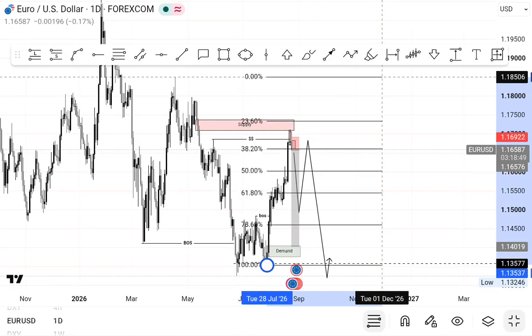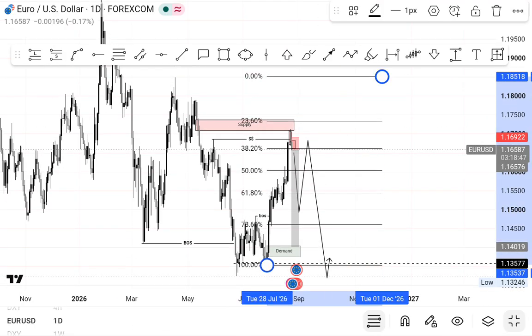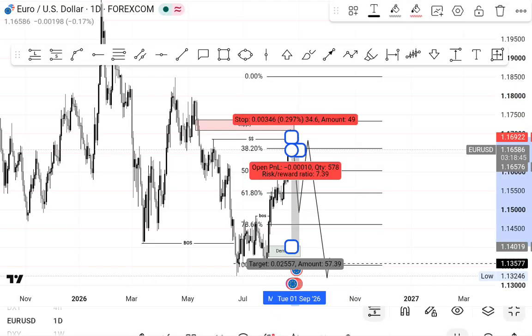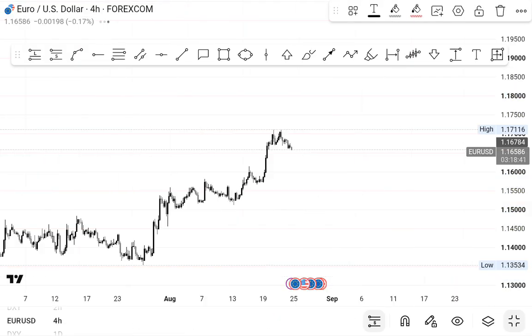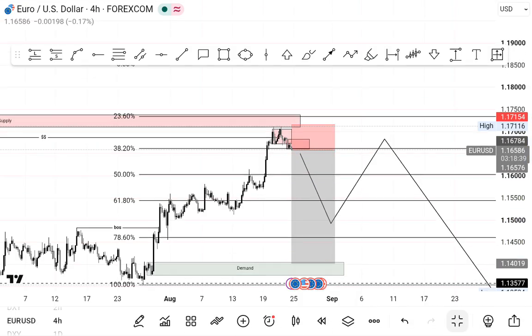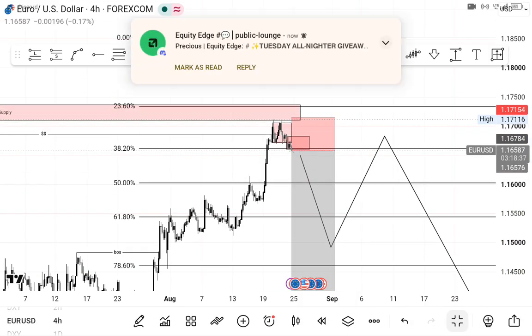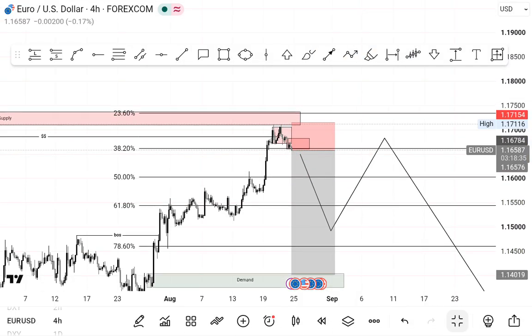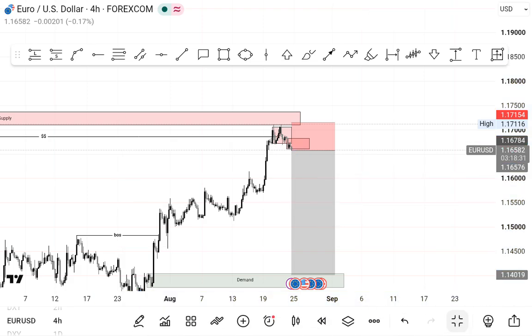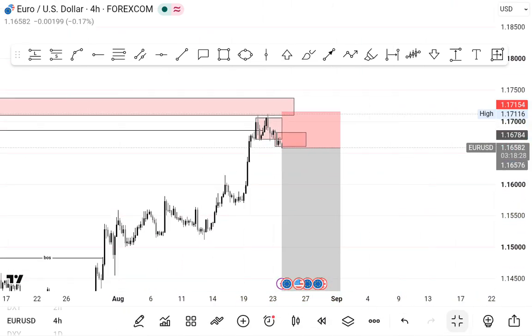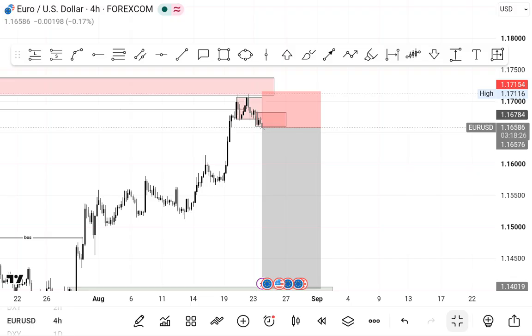So this one here, this is still less than 1%. And remember, you need to risk 1% of your trading account. So this is still less than 1%. So you can just put your stop loss above there just to give it room to breathe.